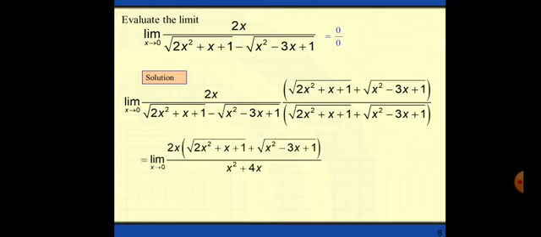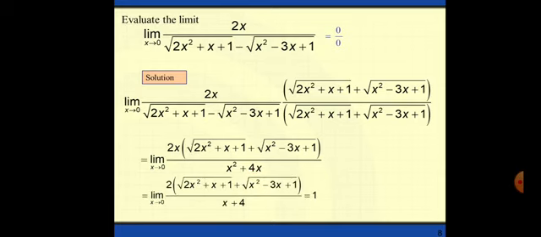Now multiply. Keep these two terms, the 2x and the expression in this bracket, and now multiply. This root times this root will be cancelled, and this root times this root, the root will be cancelled. After simplifying, you will have x squared plus 4x.